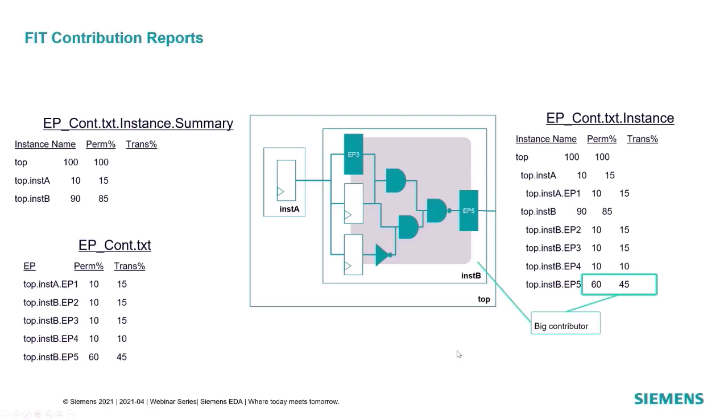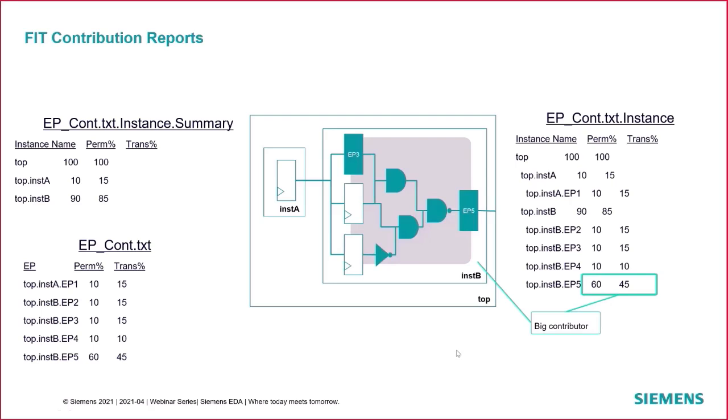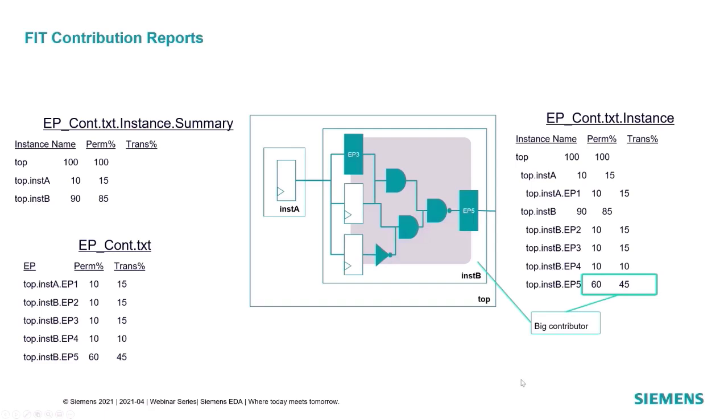So it looks like EP5 is the biggest contributor to fit. What do you actually do with that information? Yeah, so looking at this, as you can see, the highlighted portion, EP5, is the one which is contributing the most compared with the other flops. EP is actually a representation of a flop.